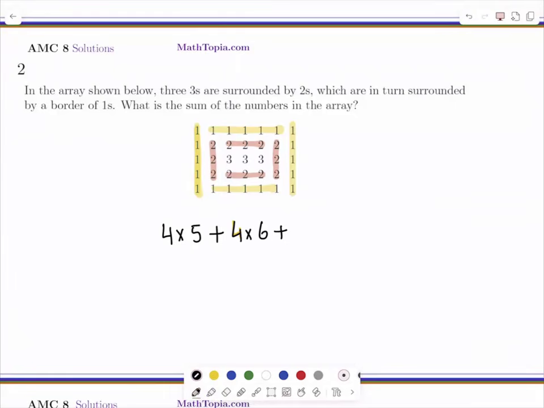Then finally, the center would be 3 times 3, or 3 groups of 3, right? Yeah, 3 times 3. Okay, great. This one is 20, this one is 24, this one is 9, and they add up to 53.